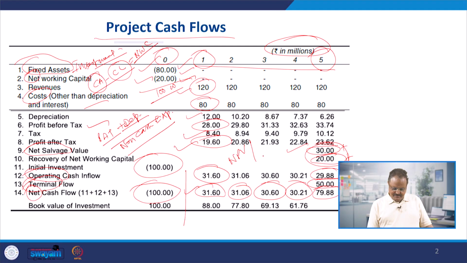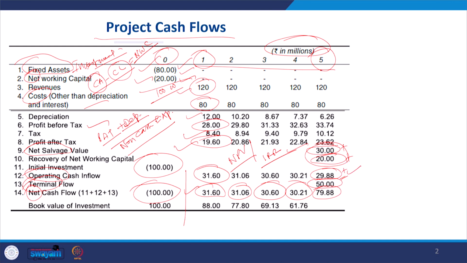Then we can say whether the project is worthwhile or not: if the NPV is minimum 0 or positive, or if you are evaluating on the basis of IRR and IRR is equal to or more than the required rate of return, then you will accept the venture, otherwise you will not accept the venture.